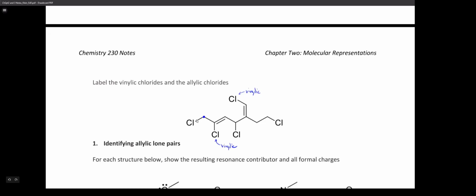So this chlorine here would be allylic. Actually, no, it doesn't work that way, sorry, for carbons. That's why it's kind of confusing. These carbons are the vinylic ones. Anything bonded to those groups would be considered allylic. So this chlorine would be considered allylic. This chlorine would be considered doubly allylic.